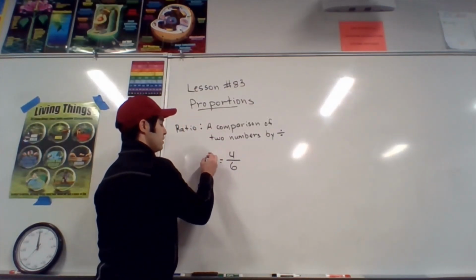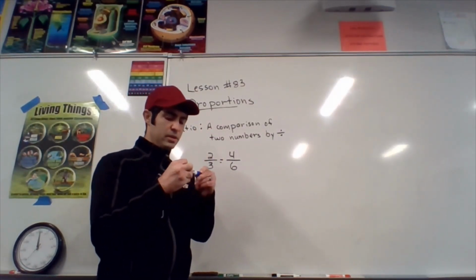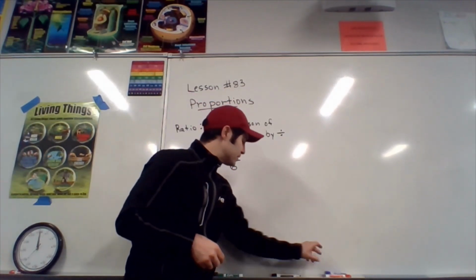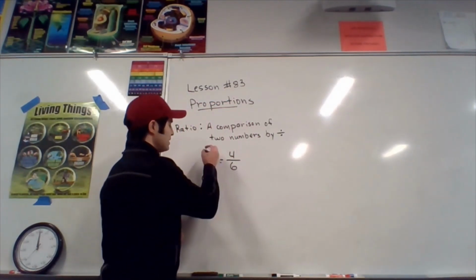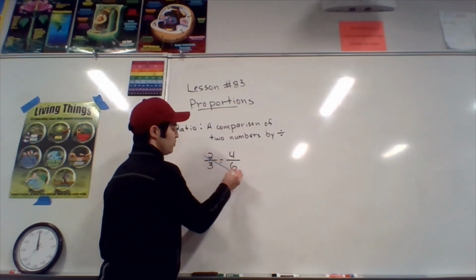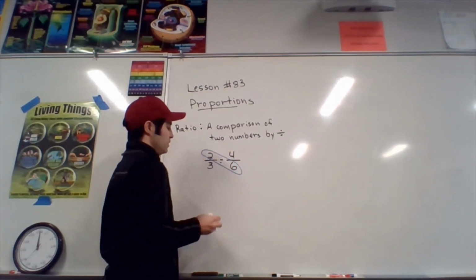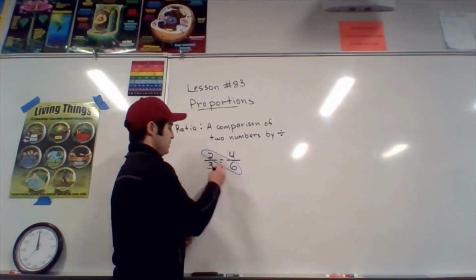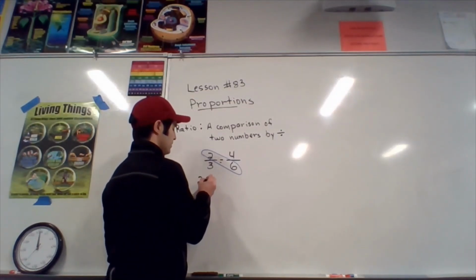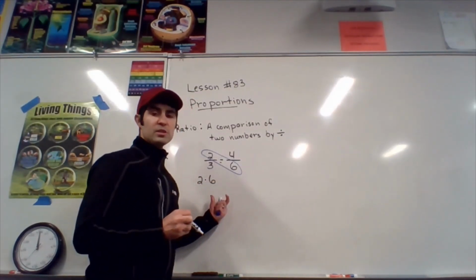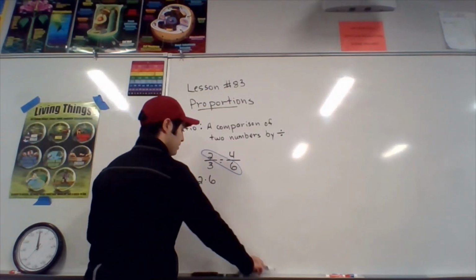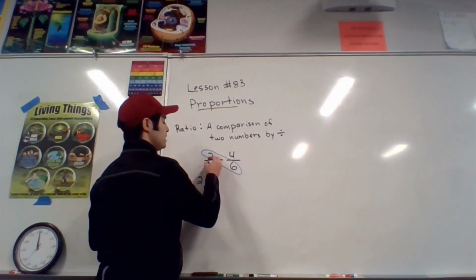That means if I take whatever's on top right here, another one died. Oh my goodness, how sad. If I take whatever's here on top and multiply it by whatever here's on bottom, so in that case, it's going to be 2 times 6, that's one cross product. Okay? The other cross product is going to be 3 and 4.